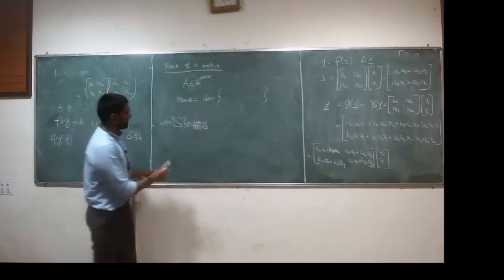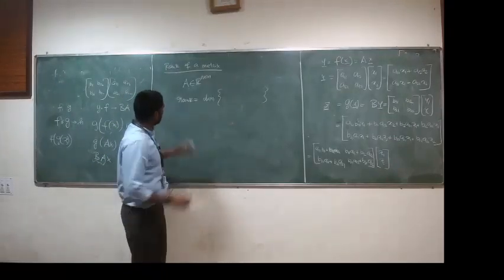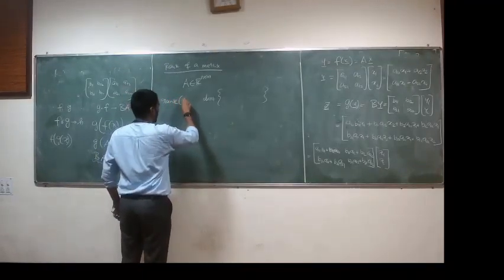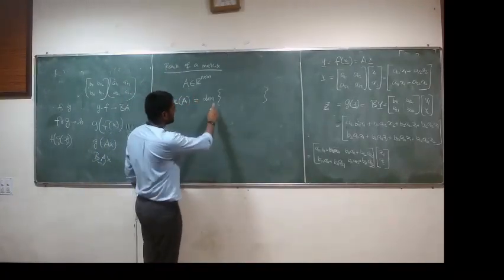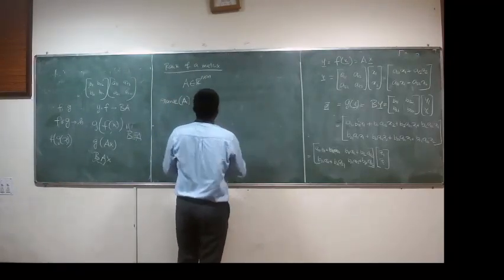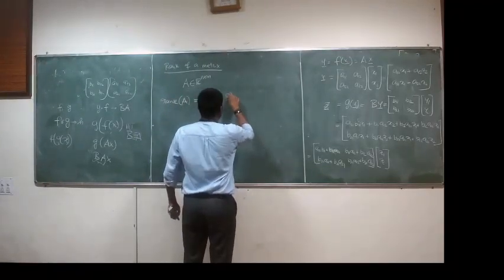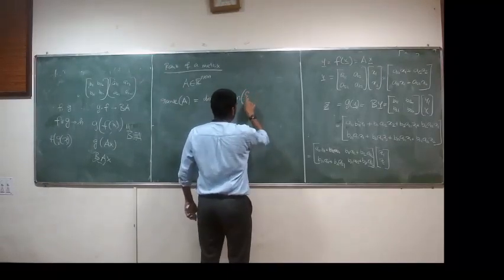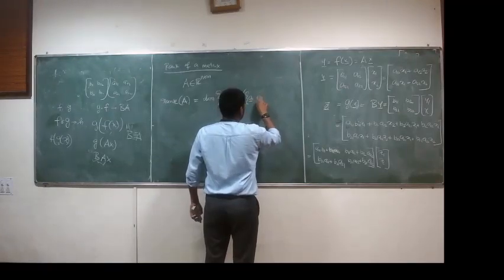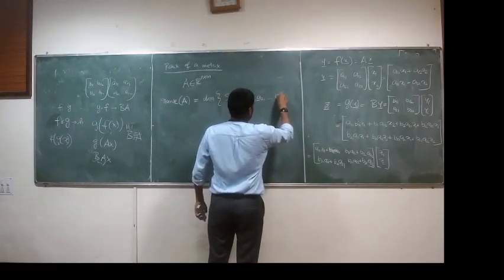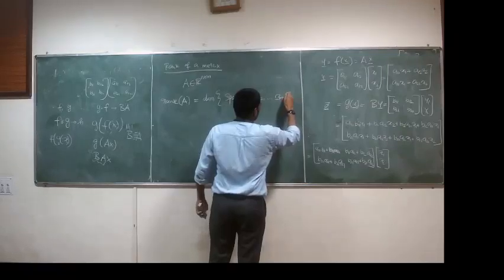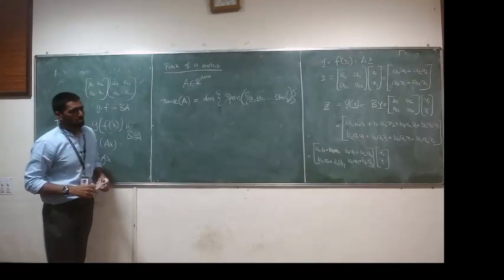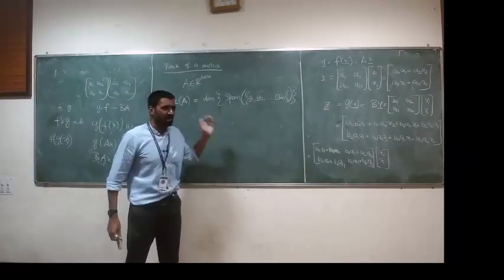So the rank of a matrix A is simply the dimension of the span of the columns of A. Can you say this out in words?